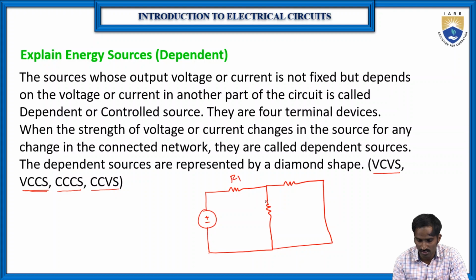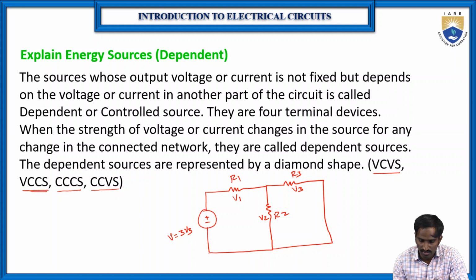So let us consider this is R1, R2 and R3. Here the voltage across R1 is V1, this is V, the voltage across R2 is V2, and the voltage across R3 is V3. Suppose we write V is equal to 3 into V3.